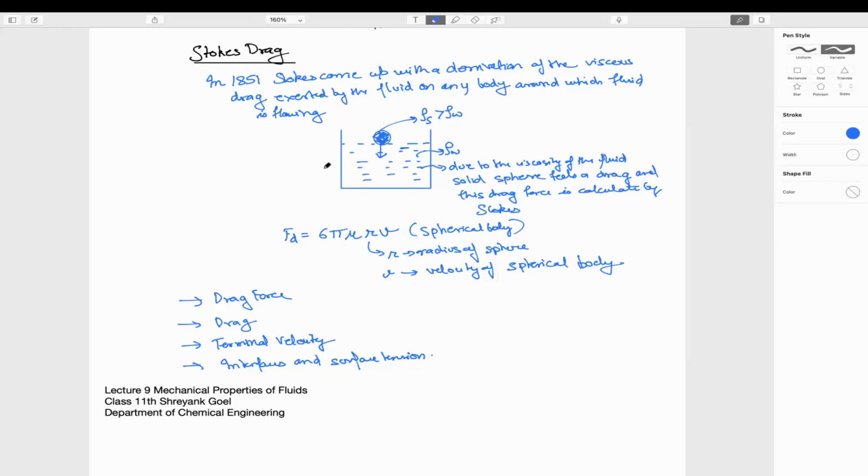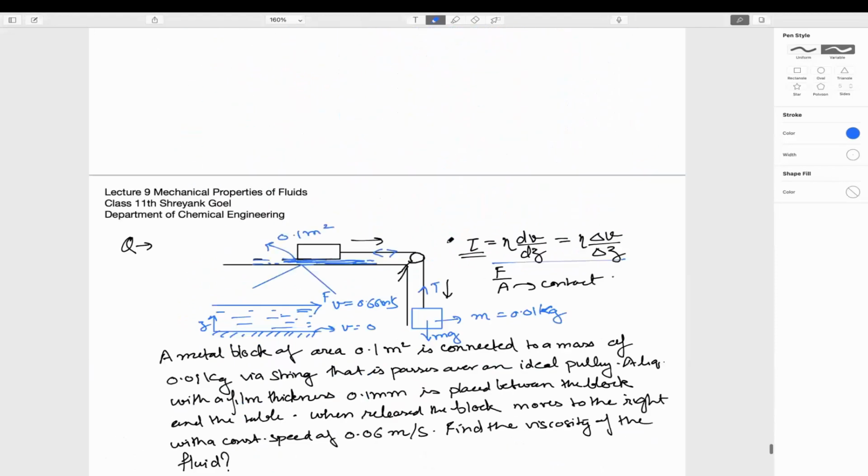And I told you that Stokes came up with this derivation of viscous drag, and found out that FD is equal to 6 pi mu RB, or, because in NCERT mu is eta, it's 6 pi eta RB. With the help of dimensional analysis, we can see how this formula came.